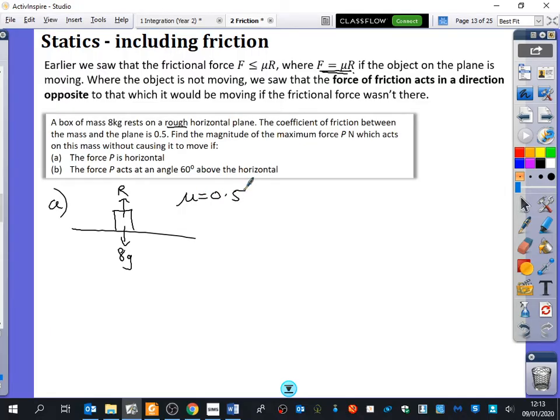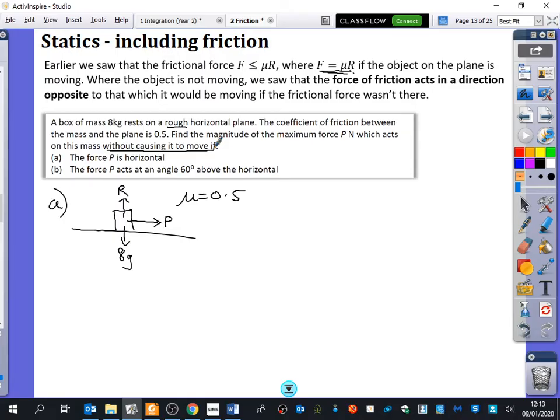And there's a force pushing it along, P. Now, it's asking for the maximum value of P, but without causing it to move. So what type of scenario will it be in if it's the maximum value that P can be? Limiting equilibrium. It's going to be at its very maximum before it starts moving.